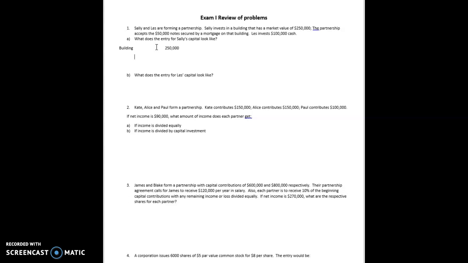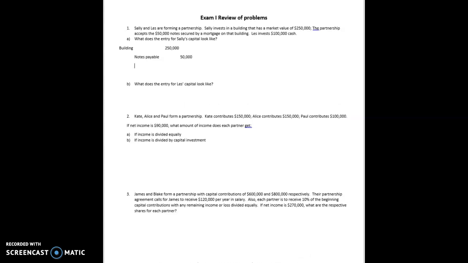So we're also going to record that debt, notes payable, and credit the amount of the note, the $50,000. That means the amount of capital Sally is getting is the difference between the two. So we're going to credit Sally capital for the difference between $250,000 and $50,000, or $200,000. So that's how much capital Sally is going to get.